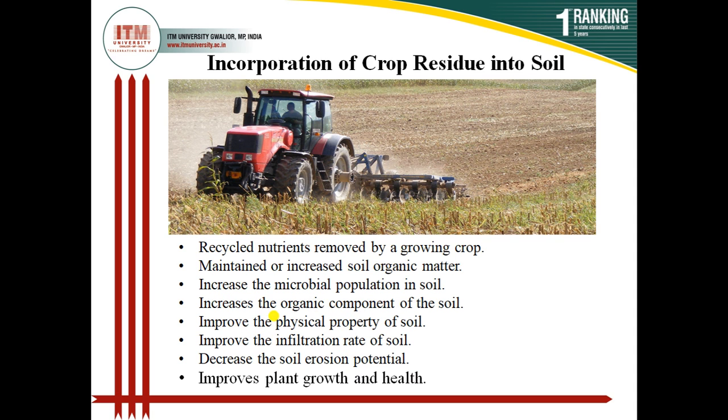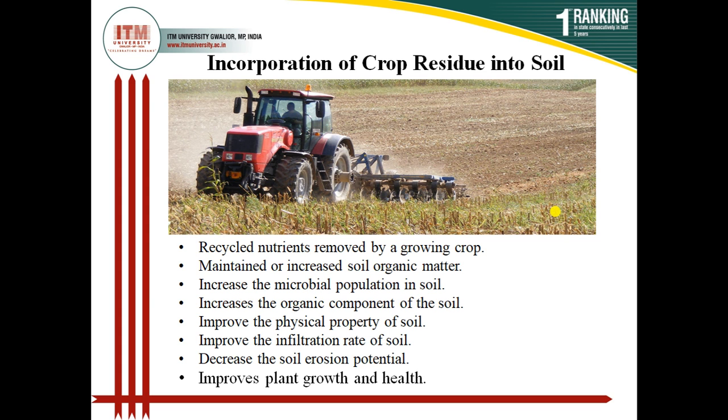So the first simple, easy and widely adopted practice is incorporation of crop residue into the soil. In this practice, implements are required. After harvesting the crop and taking it out of the field, the residue, which is straw, chaff or stubble, is immediately incorporated into the soil as raw material.